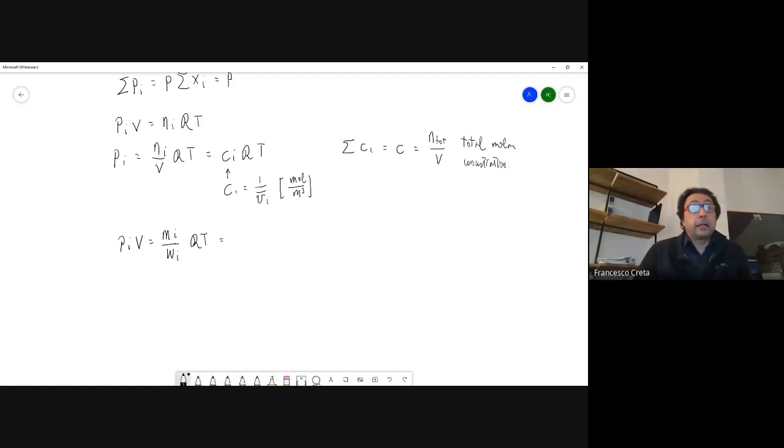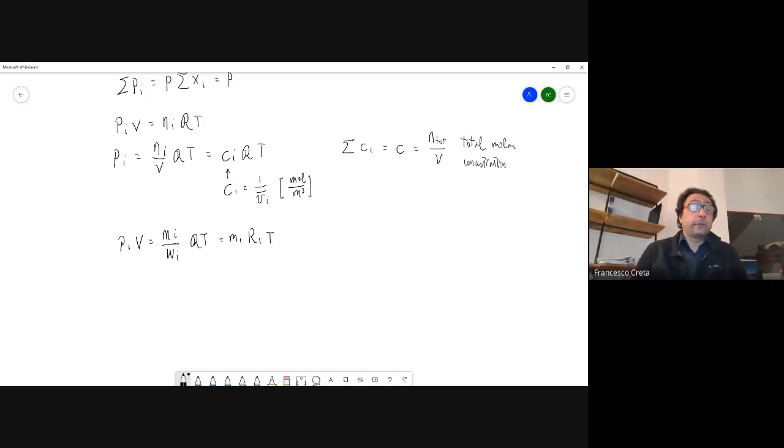And again, R divided by the molecular weight is equal to the gas constant referred to species i.